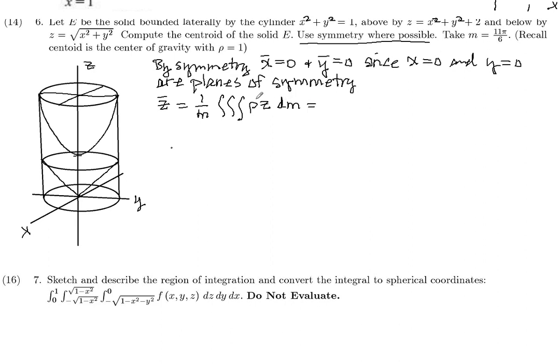But before that, rho is our density, which is 1, and rho times the little mass element is going to give a volume element. So this is actually going to turn into 1 over m times the triple integral of z times dV, because rho dm is dV. And now 1 over m is the reciprocal of this, which is 6 over 11 pi.